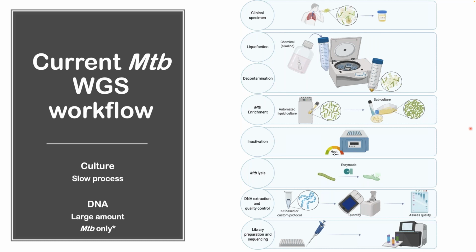Now, after these enrichment steps, to ensure biosafety, the MTB culture is inactivated, typically through heat exposure. Then, following inactivation, MTB cells are lysed to release their DNA. This can be achieved enzymatically or mechanically, breaking down the cell walls and then releasing the genomic material. Note that this process for MTB is often more aggressive compared to lysis steps for other bacteria due to the very tough cell wall.